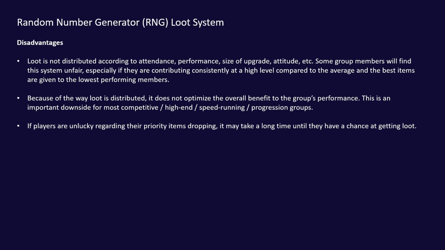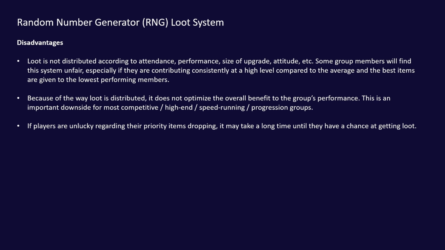So most competitive, very high-end speedrunning progression groups will not be using an RNG system for this reason. It's not unheard of. It has happened that very high-end guilds have used RNG loot systems, but it's certainly not common.